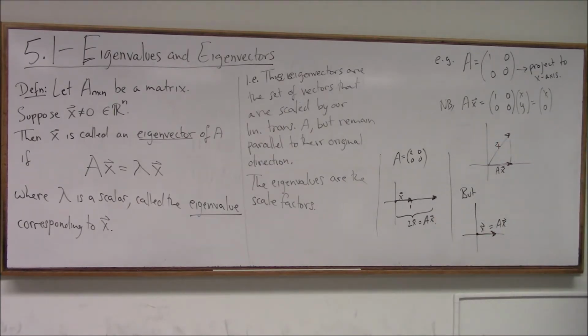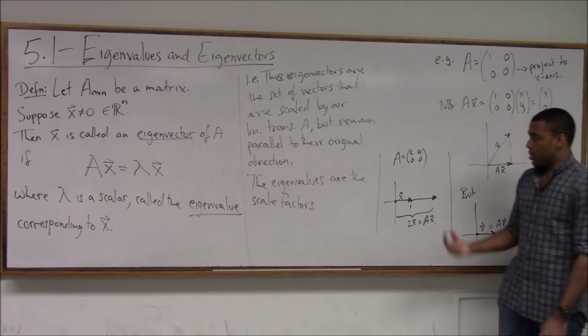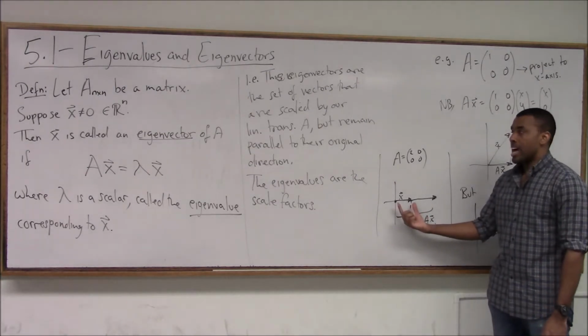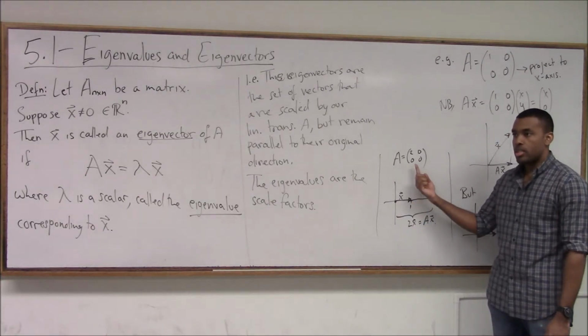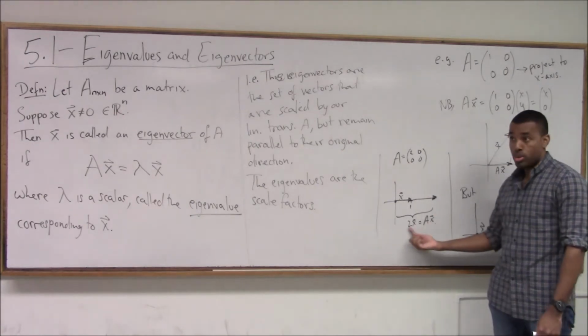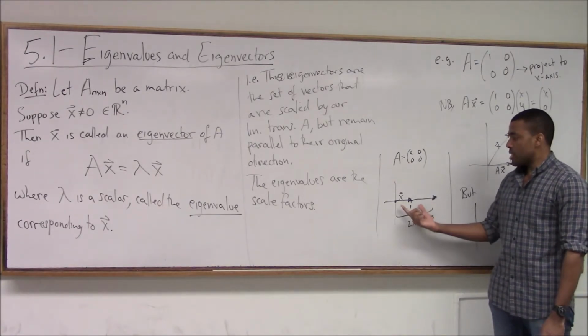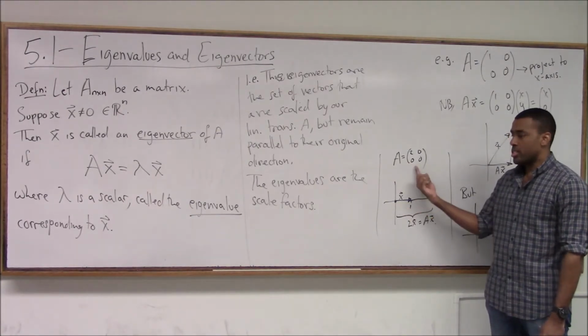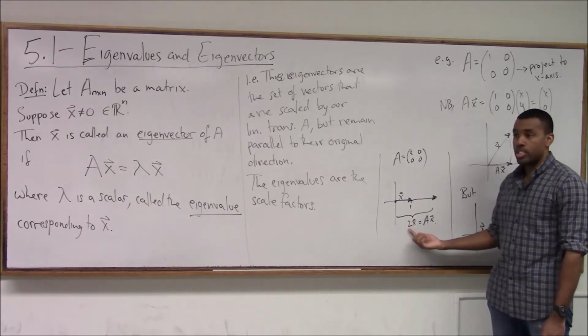So it maintains its direction. It stays parallel to what it originally was, but it's scaled by some factor, right? So what I can say, for example, is the vector i is an eigenvector of this matrix. Its eigenvalue is 2, right? So it is a vector that is only scaled by this linear transformation, and its scaling factor is 2.